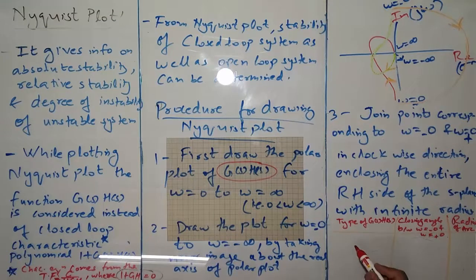So if you are talking about a type of system, that is 0.